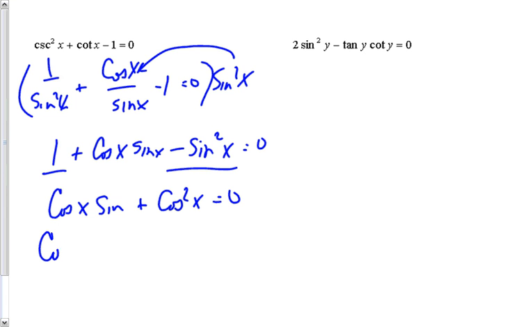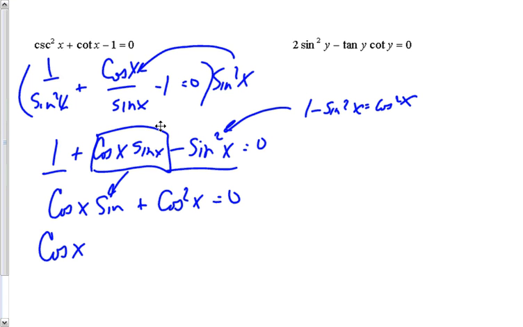And I'm going to take out a cosine of x. It all comes from this identity right here, that 1 minus sine squared x equals cosine squared x. So that was the substitution we made here.